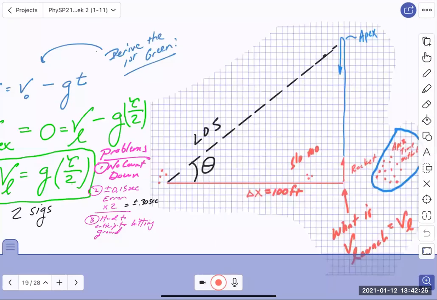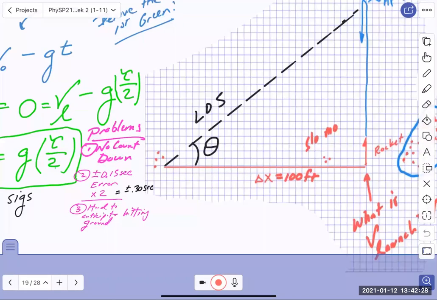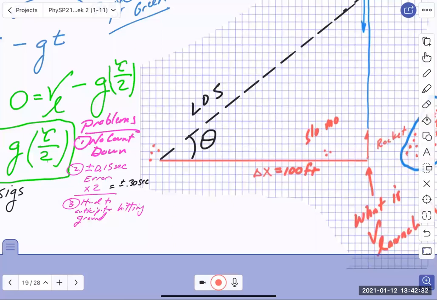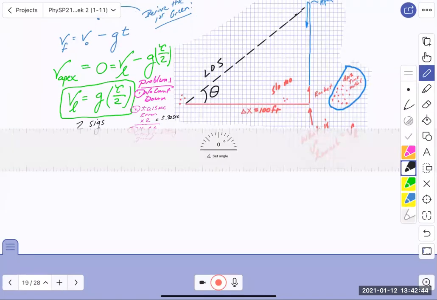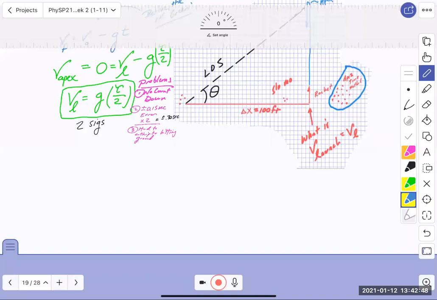Okay, so they're sitting over here looking at the line of sight, and from there, the launchers are supposed to come up with what V launch is, just knowing that angle and knowing the 100 feet. If you don't know time, which blue equation do we use? The third. Right.